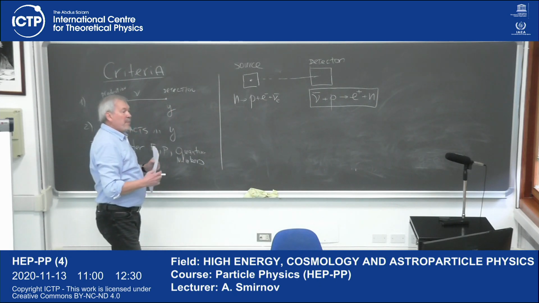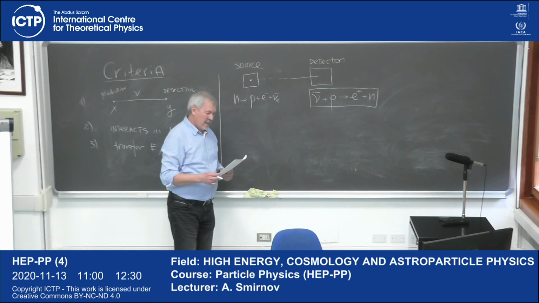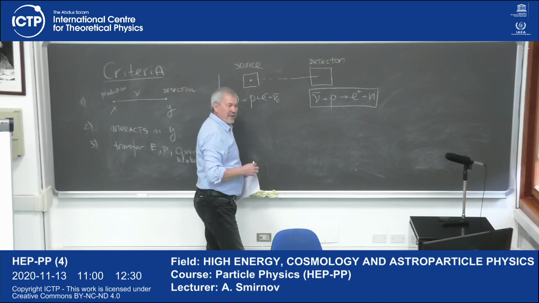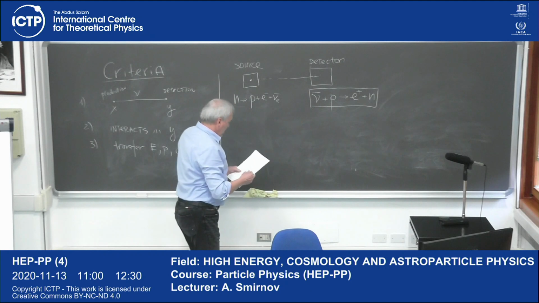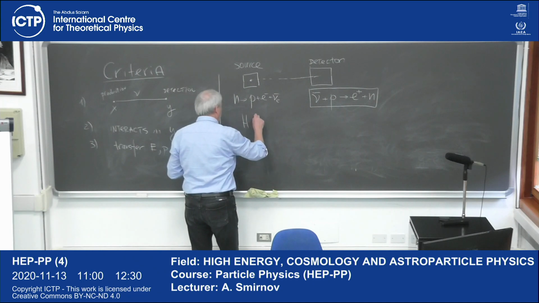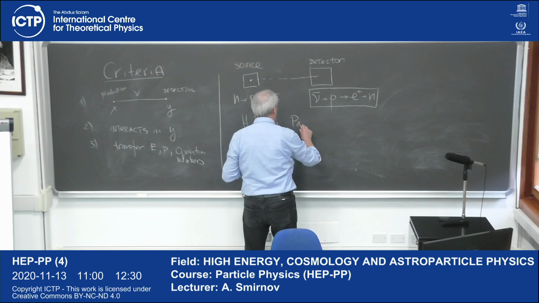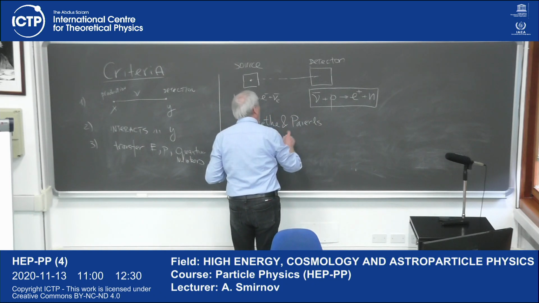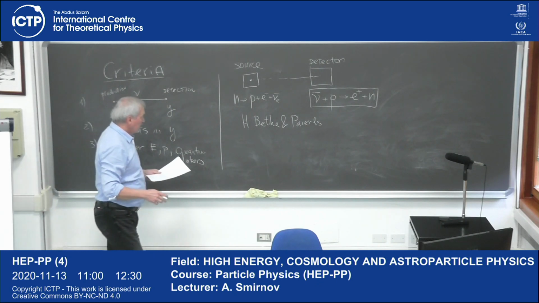In the 30s, when people already discussed this, it was realized immediately that the probability of interaction was extremely small. People did computations of the probabilities of this process. One of the first computations was by Hans Bethe and Peierls, who computed the cross-section of this process of scattering of antineutrinos on protons.